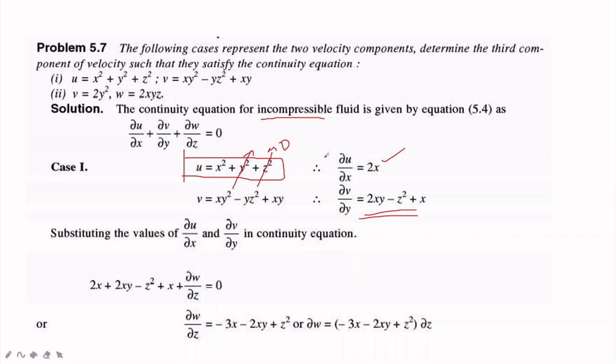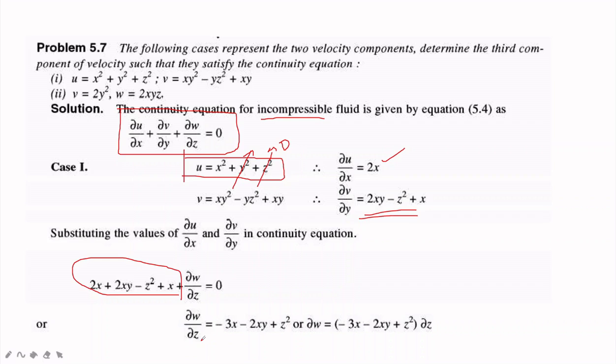Substituting ∂u/∂x and ∂v/∂y in this continuity equation, what do we get? 2x plus 2xy minus z² plus x plus ∂w/∂z is equal to 0. Send all this to the other side.